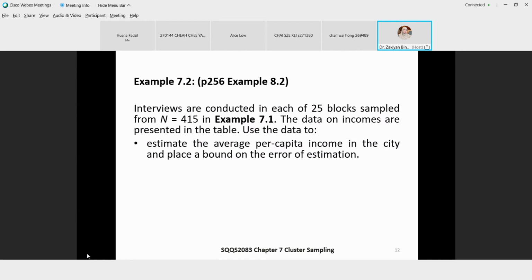You estimate based on uncertainties. Do not be robots with just numbers and equations. Tell the story. Now the data on incomes are presented in the table. Use the data to estimate the average per capita income in the city and place a margin of error of estimation. Typical question.